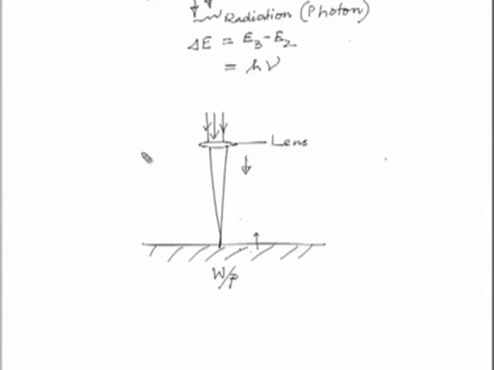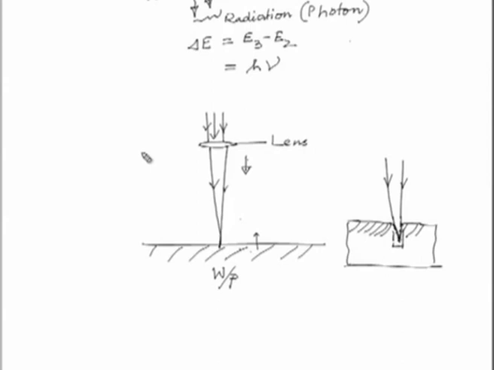A different portion of the laser will touch the workpiece surface, something like this. Say this is the workpiece, and therefore, the corresponding drilled portion will be something like this. Thus, instead of getting a straight hole, we will in fact be getting a tapered hole something like this.